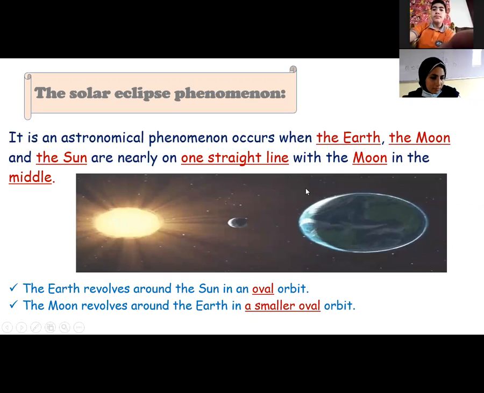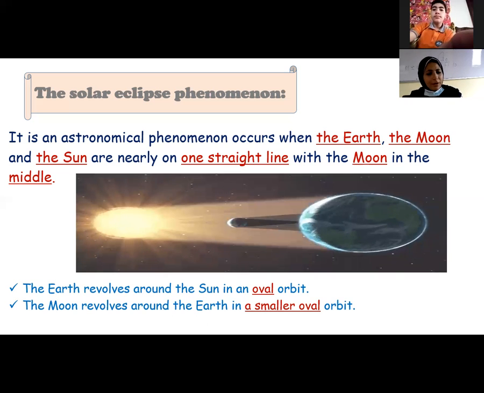When the earth revolves around the sun and the moon revolves around the earth, and the sun, moon and earth are nearly on one straight line, with the moon in the middle, a solar eclipse happens. So it's an astronomical phenomenon that occurs when the earth, the sun and the moon are nearly on one straight line, with the moon in the middle.